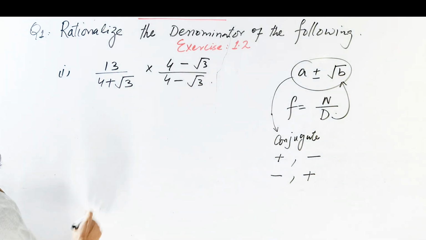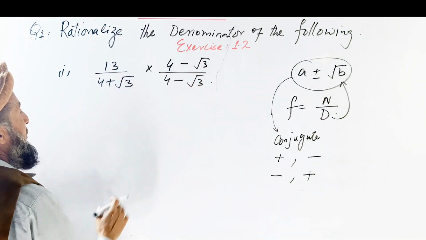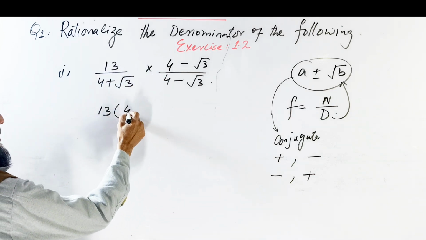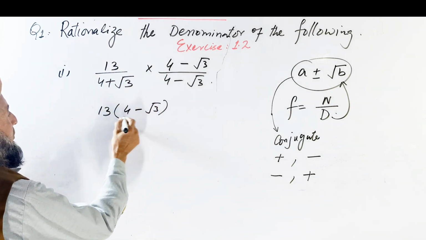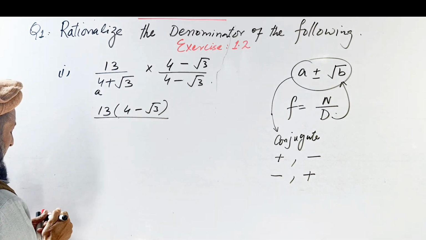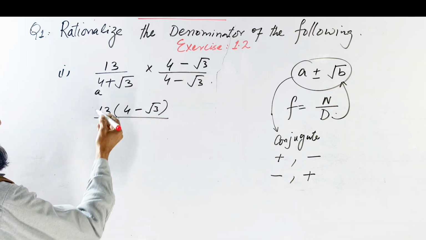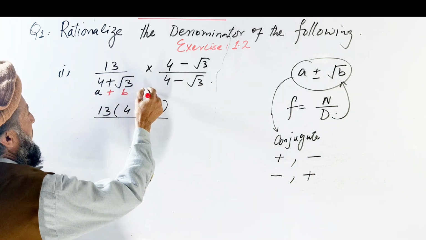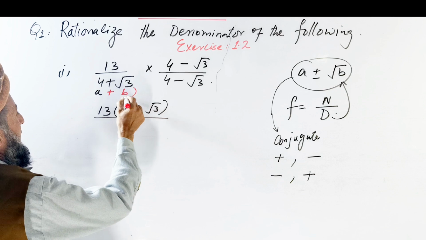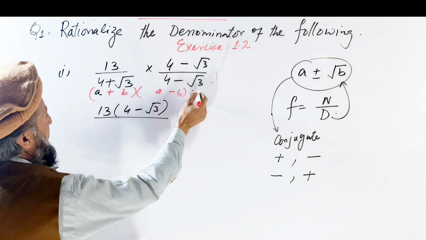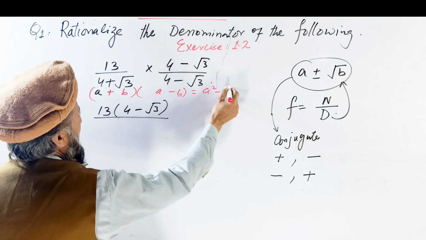Now we multiply to each other: 13 multiplied by 4 minus square root of 3, and here we use the formula a plus b times a minus b is equal to a square minus b square.